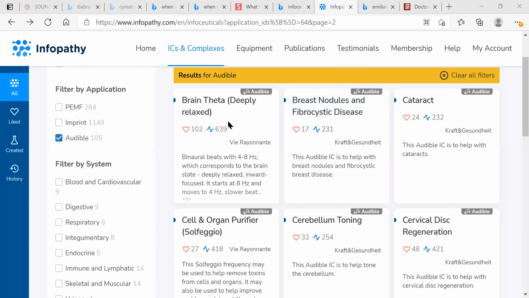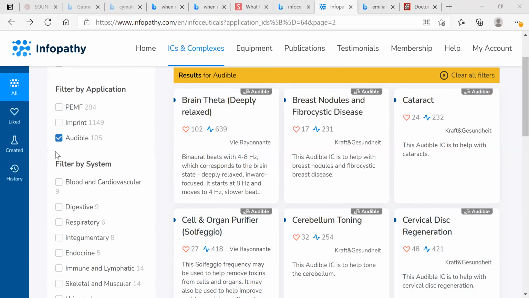These conditions here, and there are pages of them, like breast nodules and fibrocystic disease, cataracts, cervical disc regeneration, say what frequency they're using. That frequency can be put into the body by this little speaker-type device that you can wear. It has a belt on it.